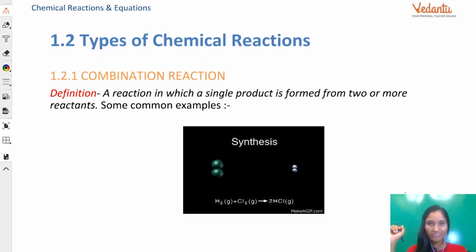I repeat my question. How do you detect the presence of carbon dioxide? Using a candle, that's correct. But let me rephrase my question. How do you detect the presence of carbon dioxide with the help of calcium hydroxide? Samyukta, correct. Sai, good, you explained.